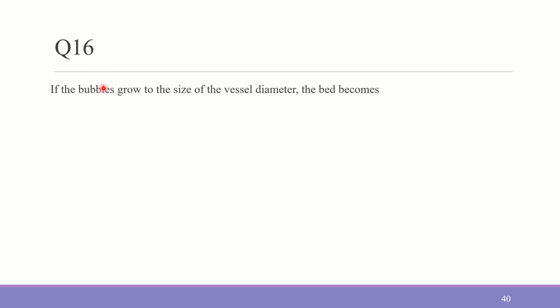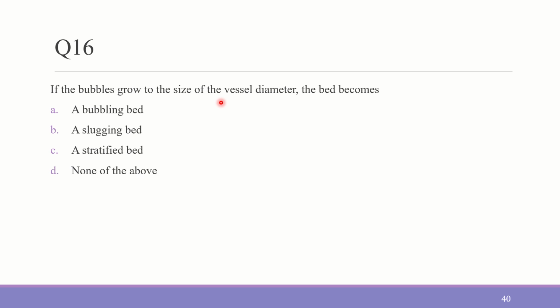In question 16, it is asked that if the bubbles grow to the size of the vessel diameter, the bed becomes dash. Option A, a bubbling bed. Option B, a slugging bed. Option C, a stratified bed. Option D, none of the above.